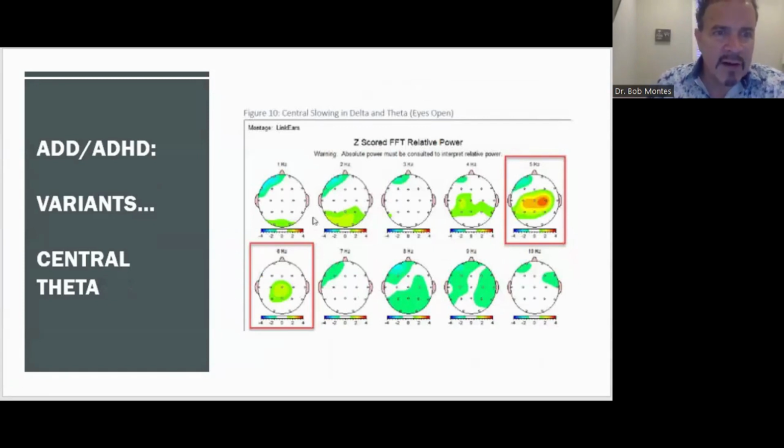And finally, another variant to ADHD is central theta, and you'll see sort of a high central area of theta. And this presentation usually has to do with the need to downtrain theta at a specific site to encourage the brain to speed up processing there.